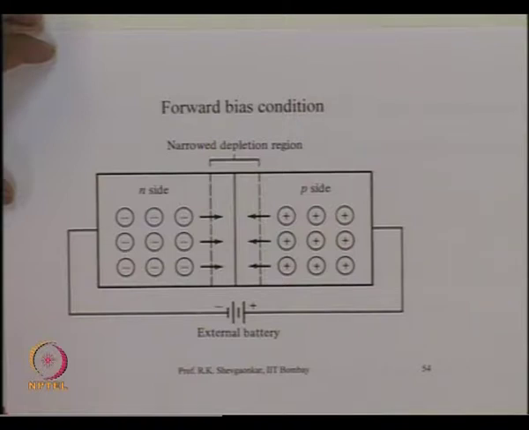So, saying that the photon is generated, we are now asking what is the probability of photon generation, once we know the probability of an electron in the conduction band in n-type material and the probability of a hole in the valence band in the p-type material.